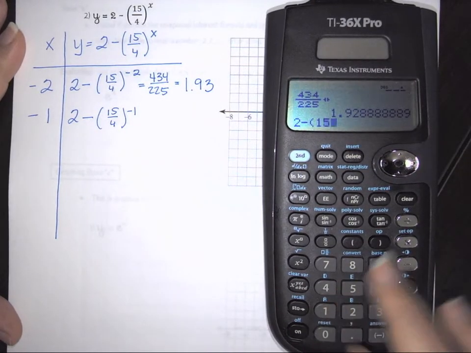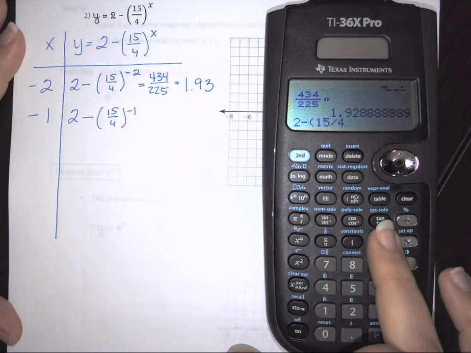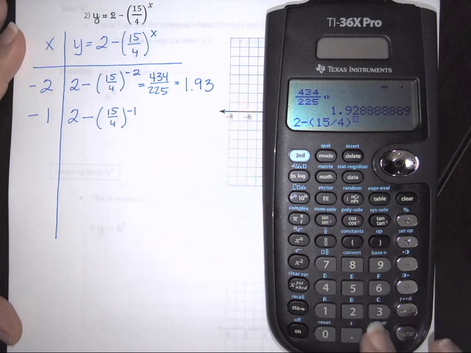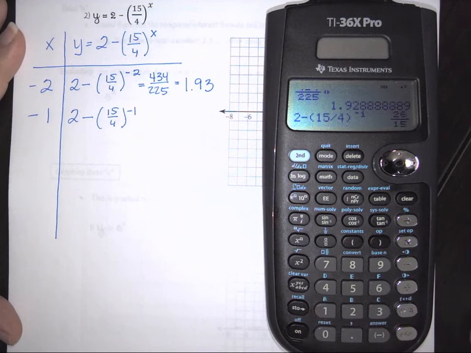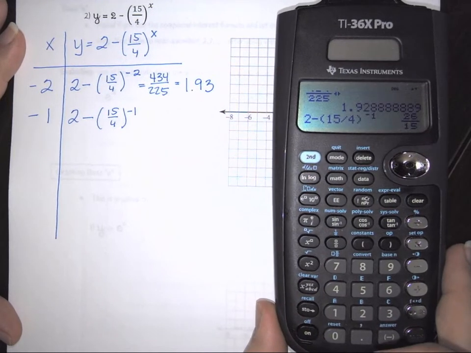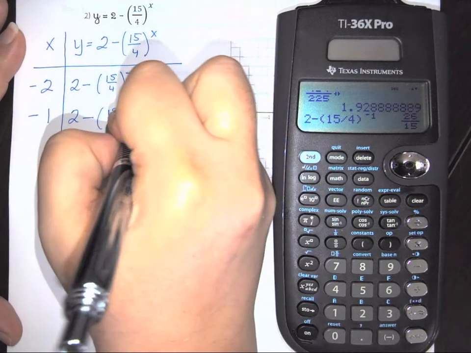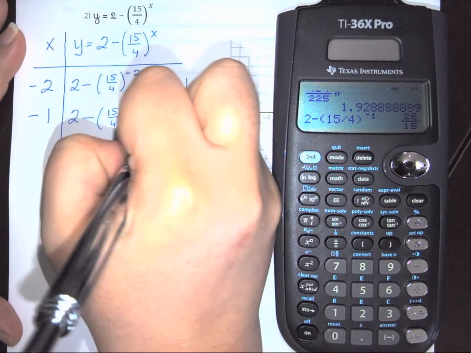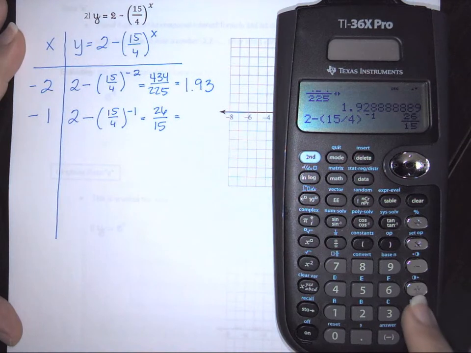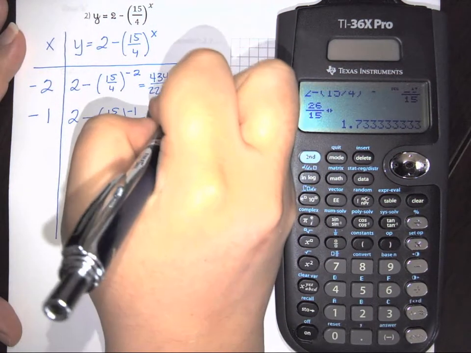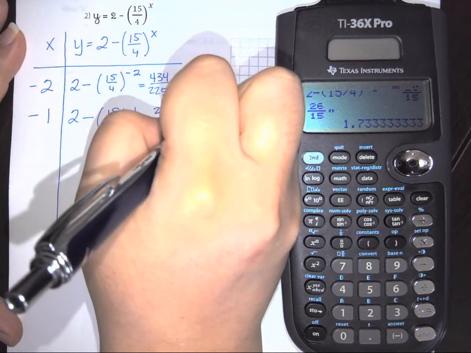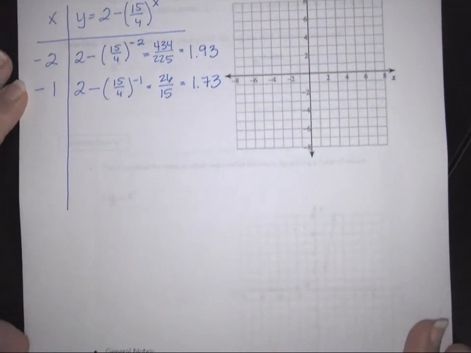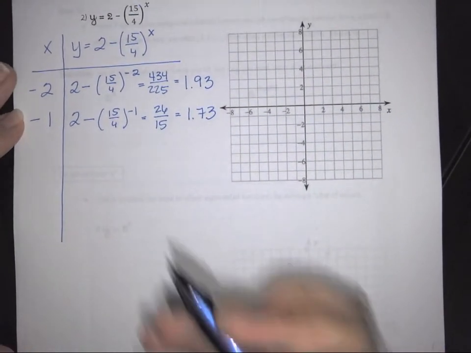Then I have 15 divided by 4, close it, raise my power to the negative 1, and hit enter. Notice I get a fraction again as 26 over 15. Again, convert that to your decimal so you can see where you're going. So 1.73. You're going to keep repeating this pattern throughout the whole rest of the problem.